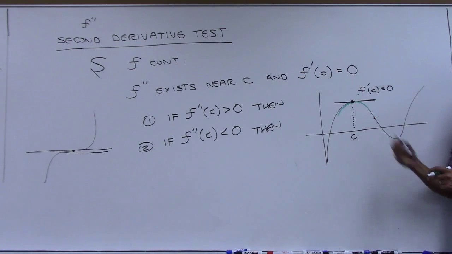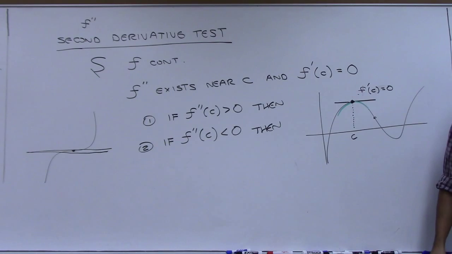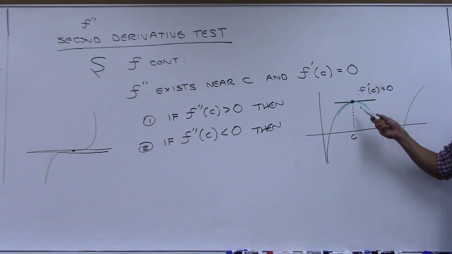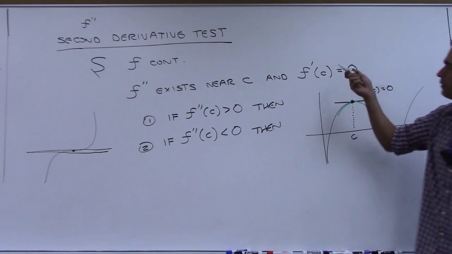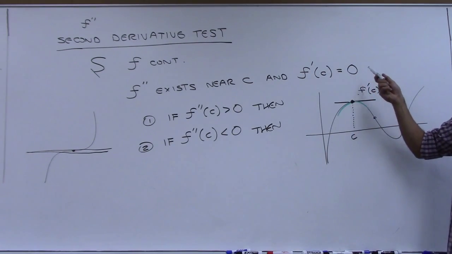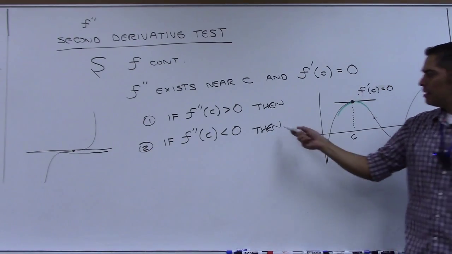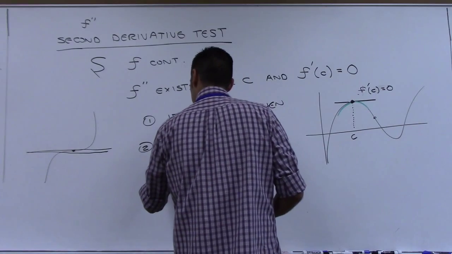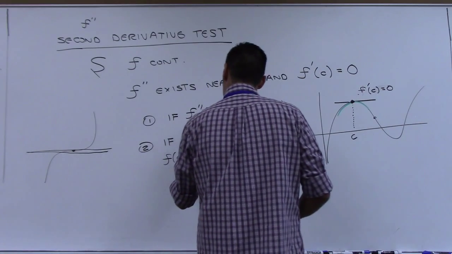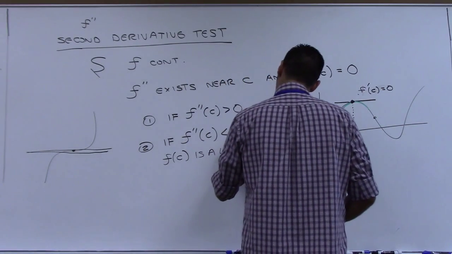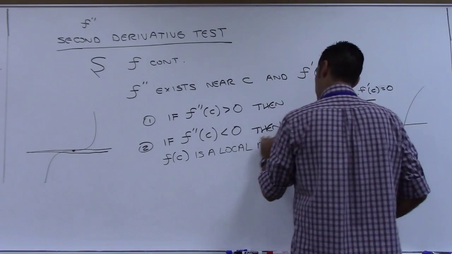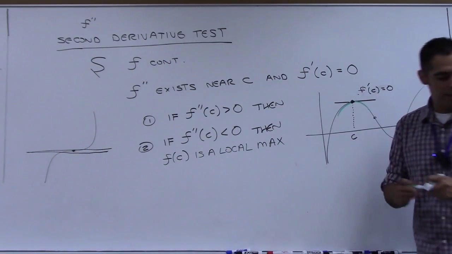That's over here. It's a maximum. Local maximum, isn't it? So if your first derivative is 0 and your second derivative is negative, that point must be a local maximum. So I'm going to put that right here. Then f of C is a local max.